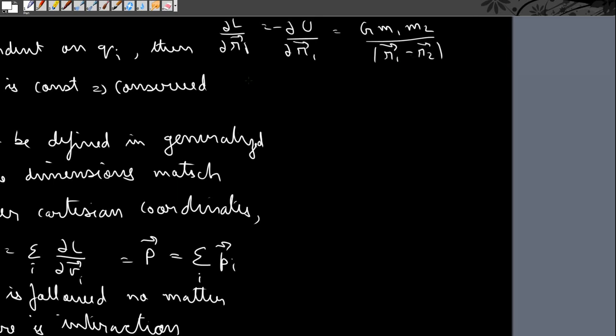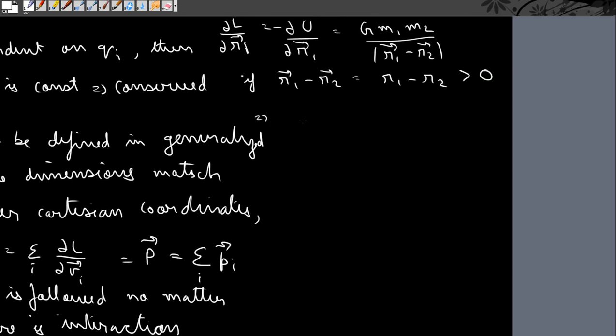Since this is 1D, we can consider just one component, that is R1 minus R2 is greater than 0.